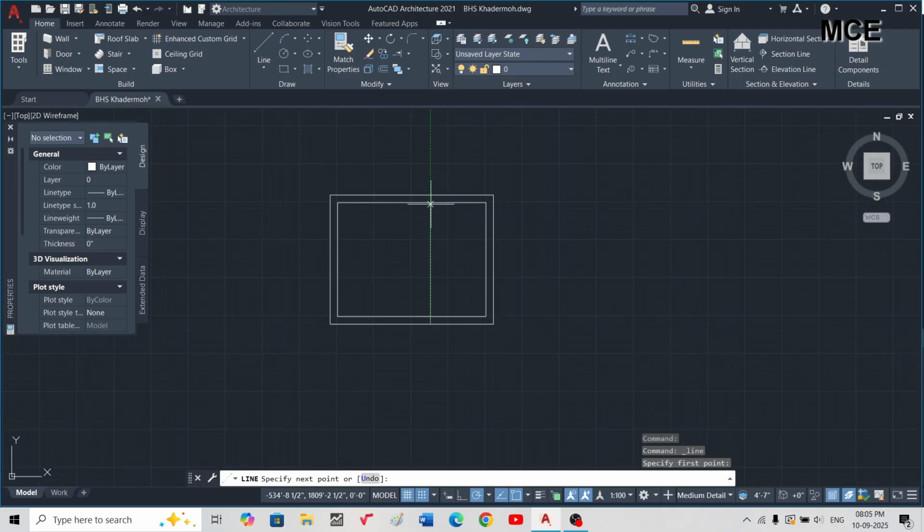And this will be my main first truss, which has a length equal to 34 feet.